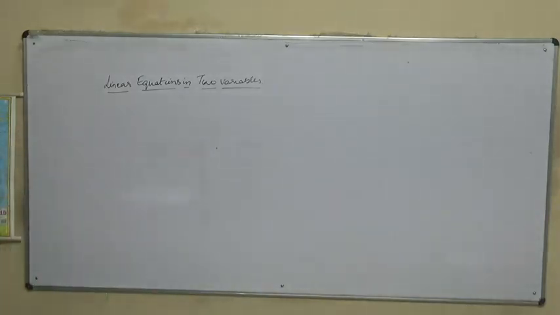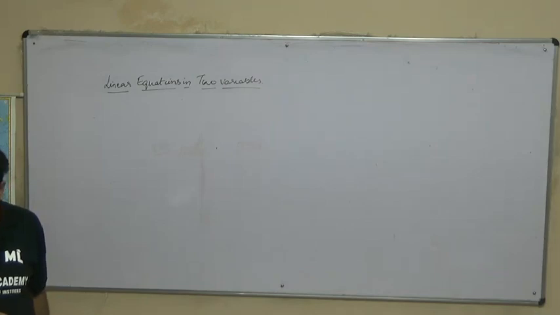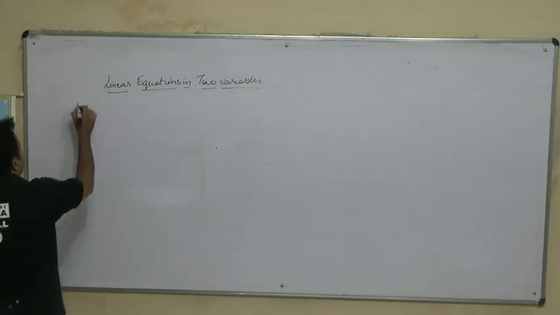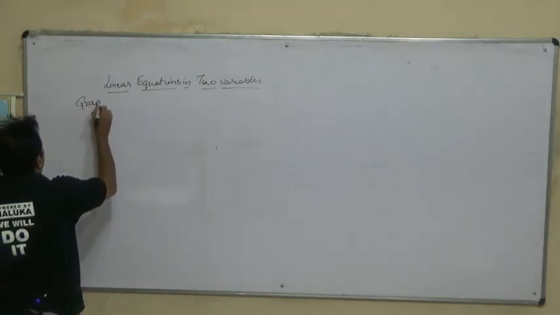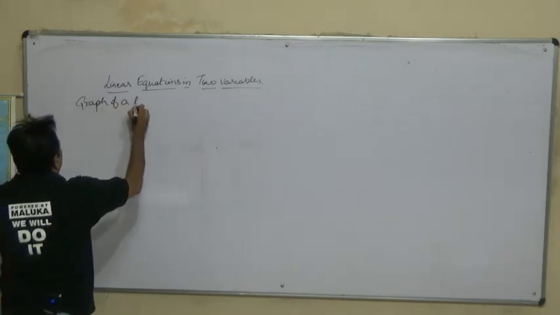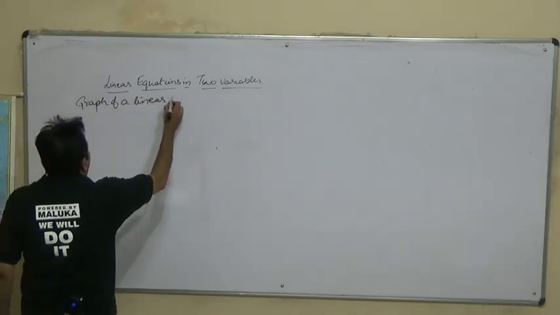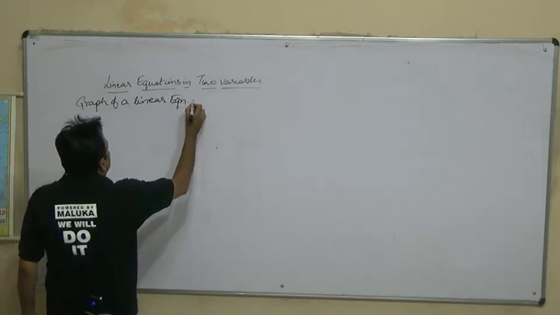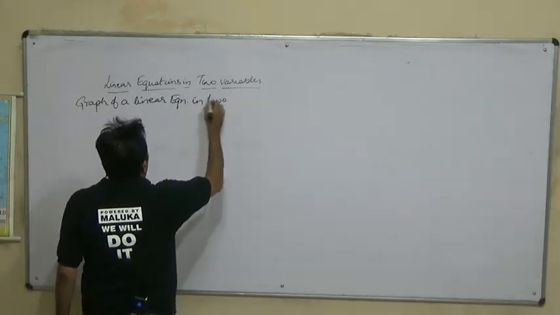Now next is graph of a linear equation in two variables.